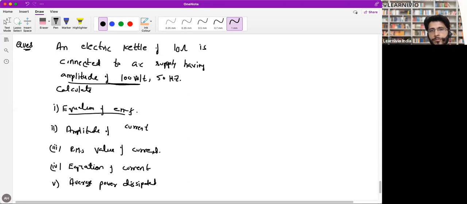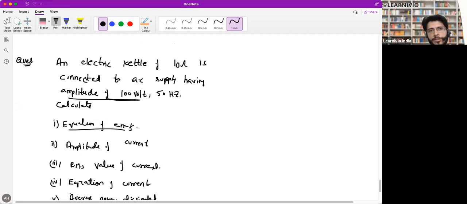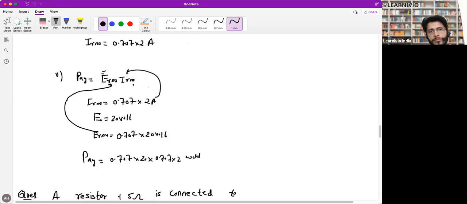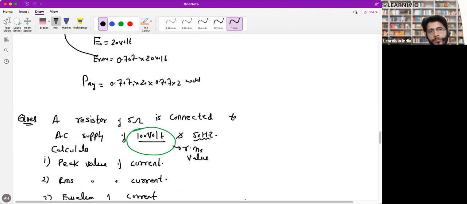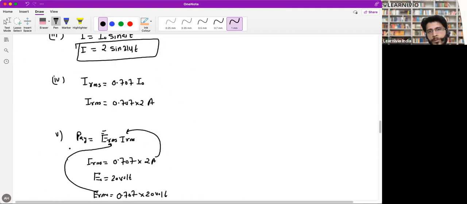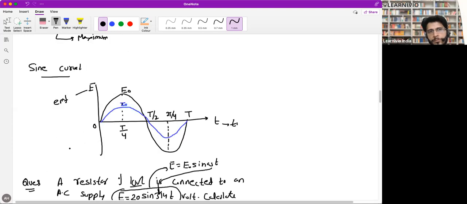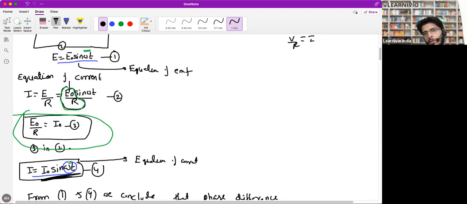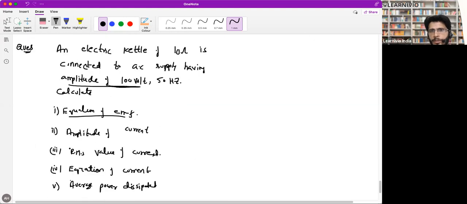Shazada, first part, write the equation of EMF. Just have to write this first equation. Abdullah, first is correct, second is correct, third is correct, fourth is also correct, and fifth is also correct. Yes, Noor, fourth is correct. Nazira, you need current. See, this is EMF, 100 volt, and you have resistance. Nazira, second is wrong.